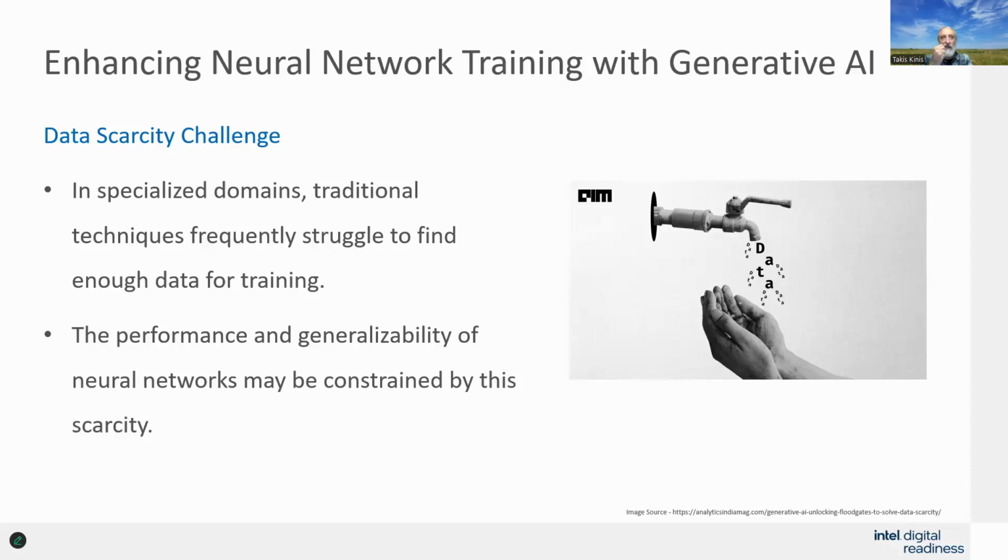Because that's how it was generating its data to recognize my voice. Right? The performance and generalizability of the neural networks may be constrained by the scarcity. So if we don't have data to give it, how is the model ever going to get good? How is the AI ever going to really succeed?